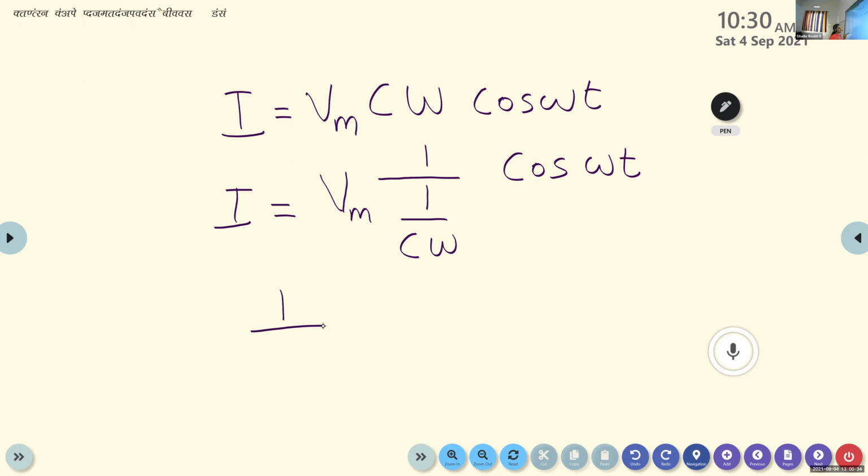And this 1 by C omega is equal to chi C. 1 by C omega is equal to chi C. Where this chi C indicates capacitive reactance.